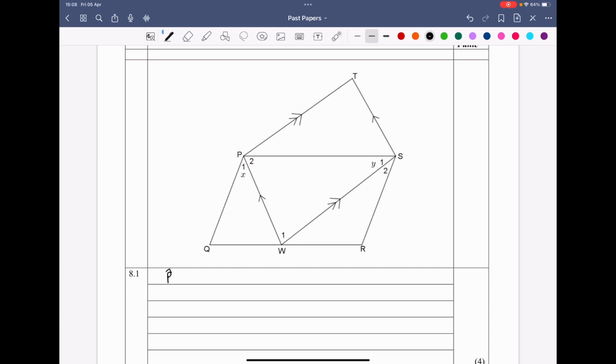So I'm going to first say that P2 equals P1 equals x, and that's given, and S1 equals S2 equals y, and that's given.